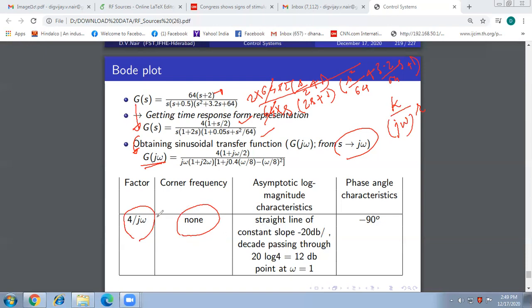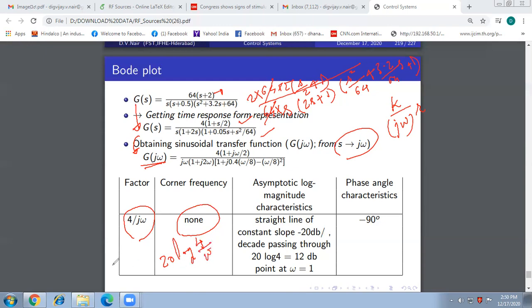Now, what will be the magnitude plot or asymptotic plot for this on the Bode plot? So we have seen that it will be a straight line of slope minus 20, and here it will be 20 log of 4, right, upon omega.